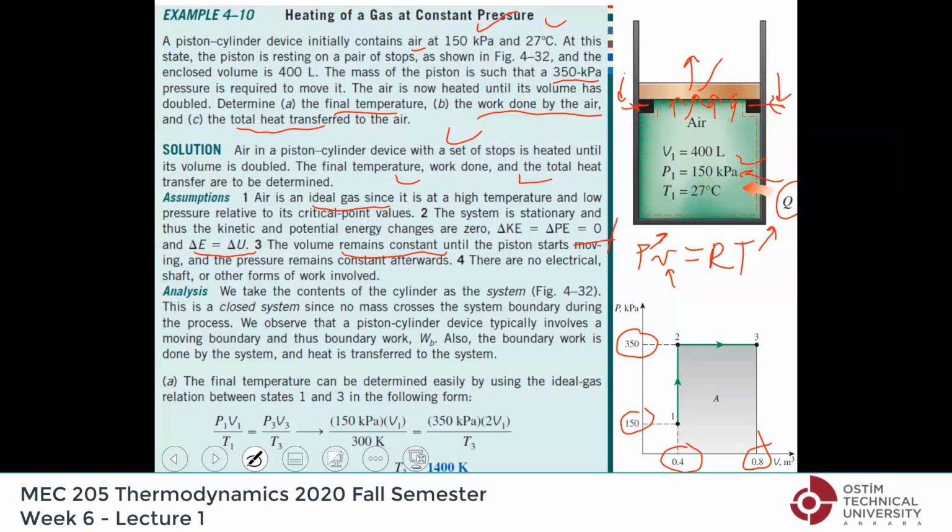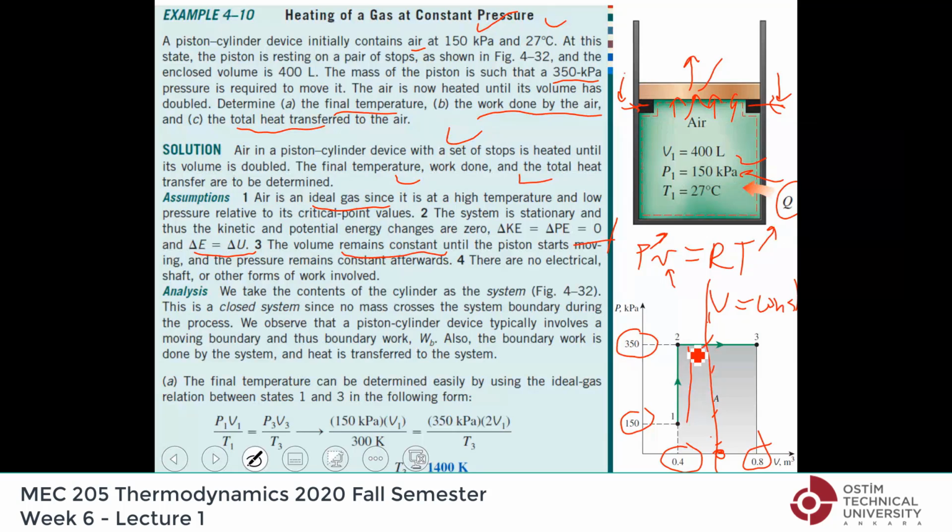So initially, it helps to plot the PV diagram. Initially, the volume remains constant, and on a PV diagram, any constant volume process is a vertical line, right? Because anywhere on this line, the value of volume is the same. Write that value there. So with constant volume, you go up.